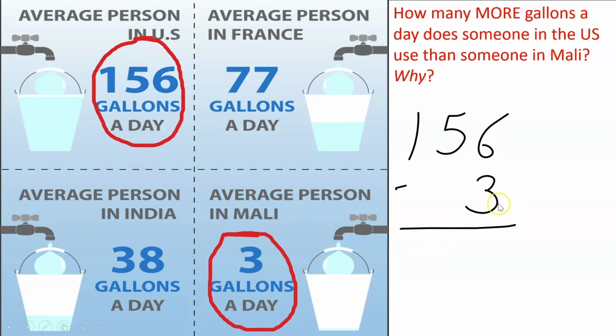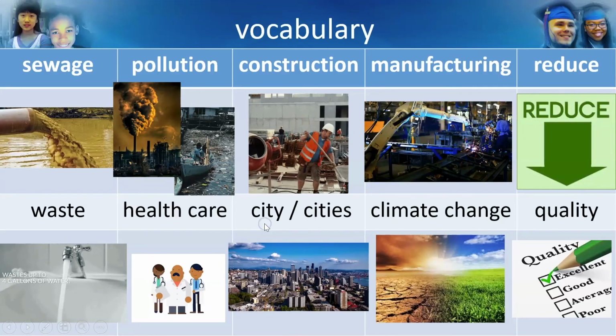If we take 3 from 6, we've got 3, so 153 gallons difference. In the USA, people use 153 more gallons a day than someone in Mali. Can you think about why? Why do they use so much more water in the USA per person than in Mali?